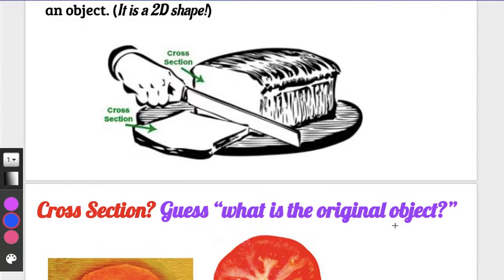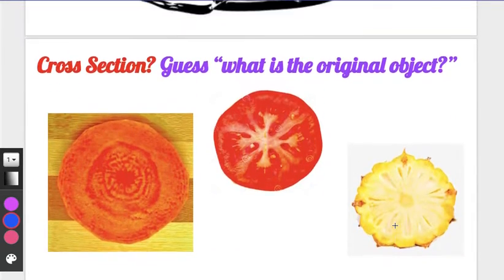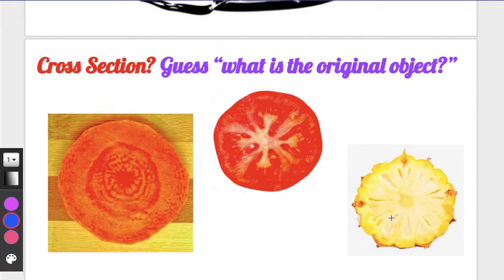Before that, let's do a quick guess and check. You have 3 pictures here. Each is a cross section, a slice, and all seem to have a round shape. Then what is the original object? The first one, some students probably figure out, is a carrot. This is a tomato, right?